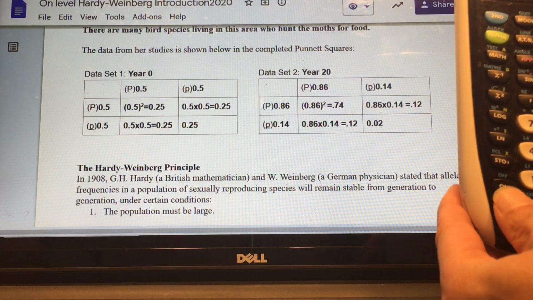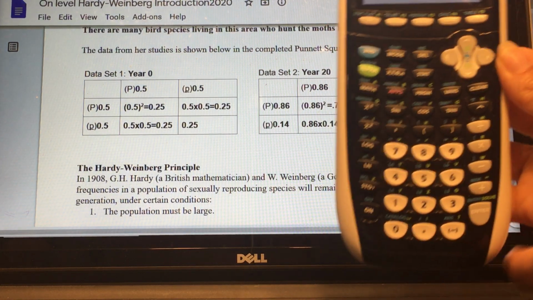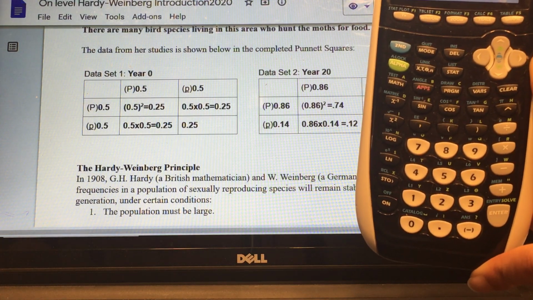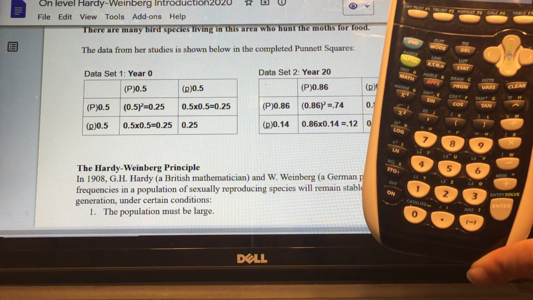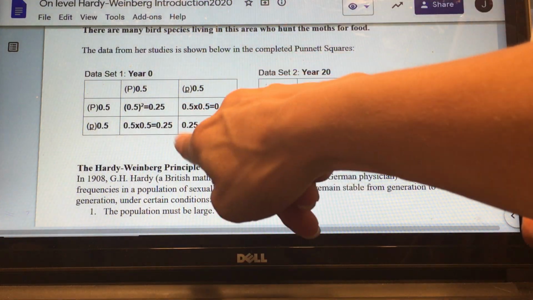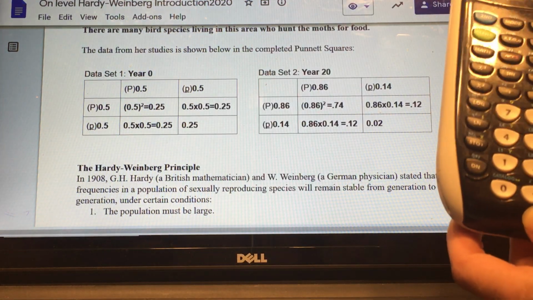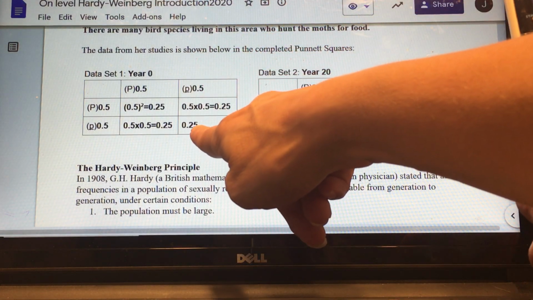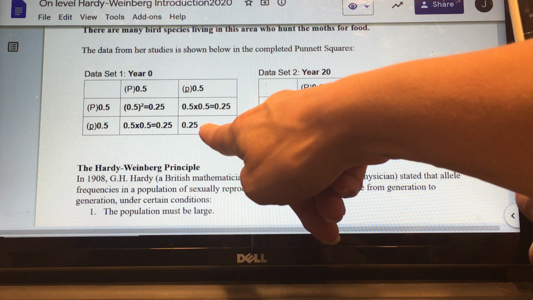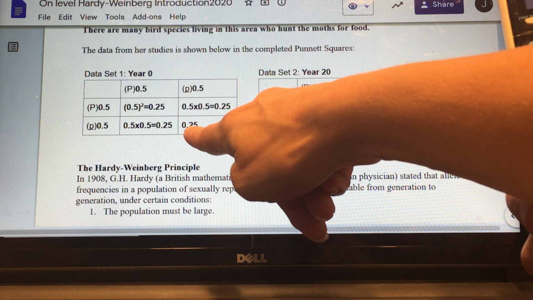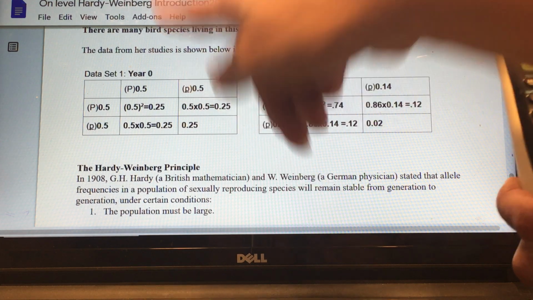Now, if we wanted to work backwards, and we had the homozygous recessive genotypic frequency, so if we knew that 25% of the population had the homozygous recessive phenotype, we could figure out the allele frequency. The genotypic frequency is the allele frequency squared, so the genotypic frequency is 0.25, but we need the square root of that.